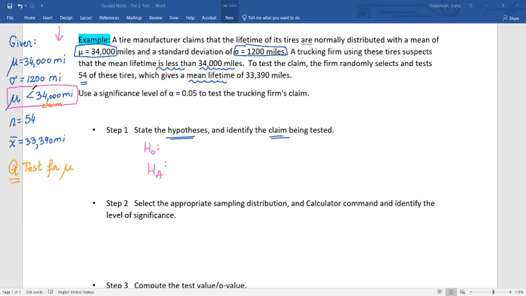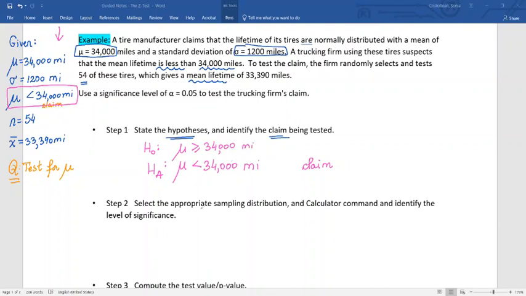And I know because it doesn't include the equal sign, this is actually the alternative hypothesis. This is the claim. I wrote it down there. So I already identified the claim. And this other one will be mu is greater than or equal to 34,000 miles. And that's it. This is step 1.